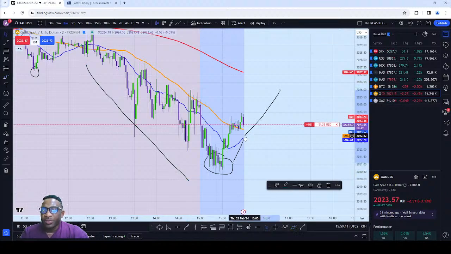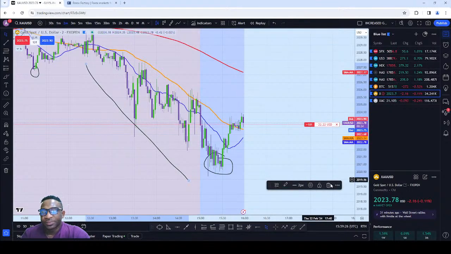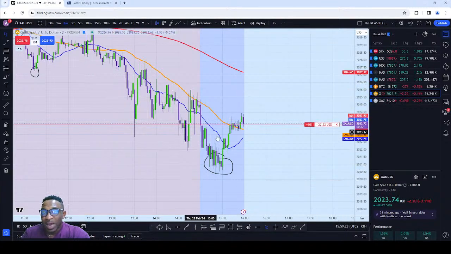The best scenario is you waiting for price to get above the 200, then that gives you an uptrend, then you can follow it there. But now as it is, you see how price pulled all the way to this yellow line.